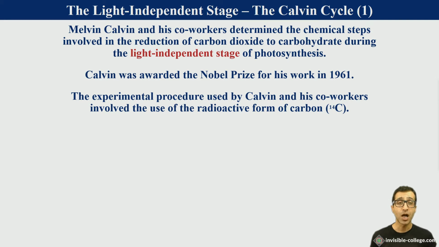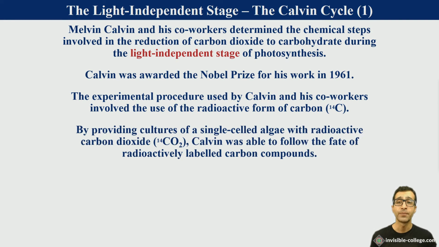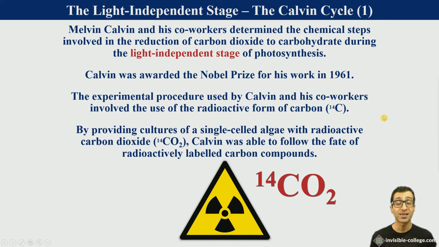So, by providing cultures of single-celled algae with radioactive carbon dioxide, he was able to follow what happened to that carbon dioxide through that series of biochemical steps, and essentially he used those experimental measurements and evidence to back up a scheme of biochemical reactions which explained the production of glucose from carbon dioxide.